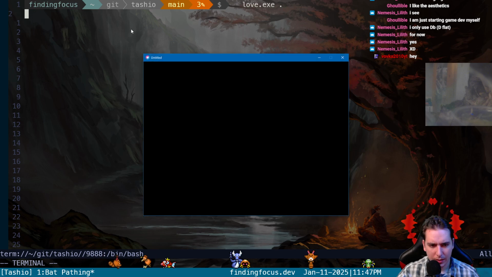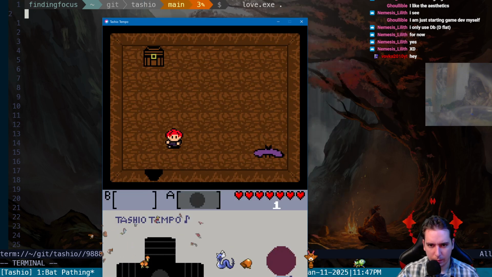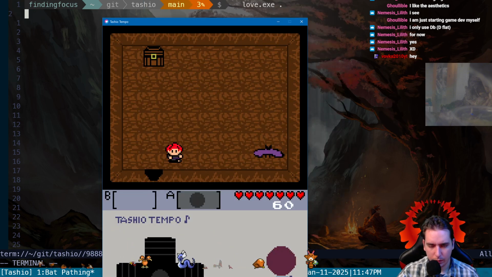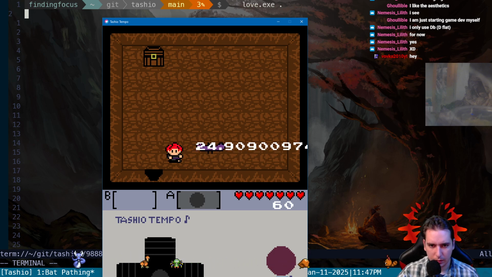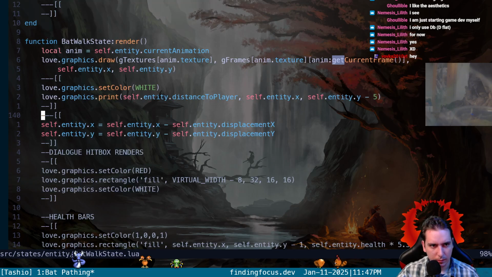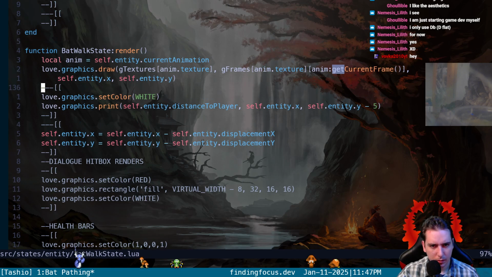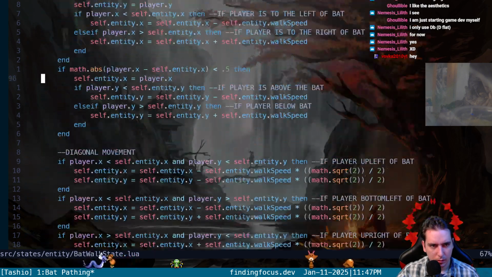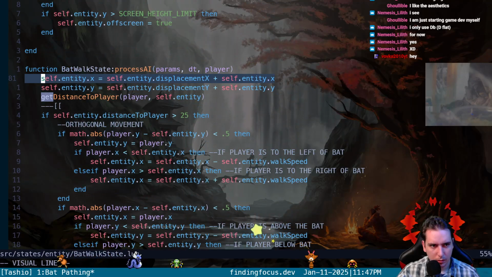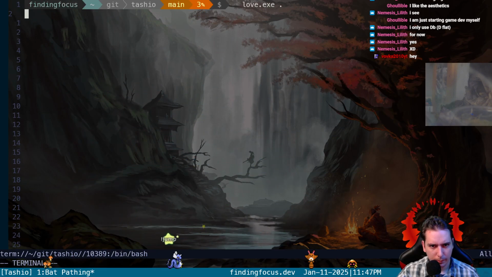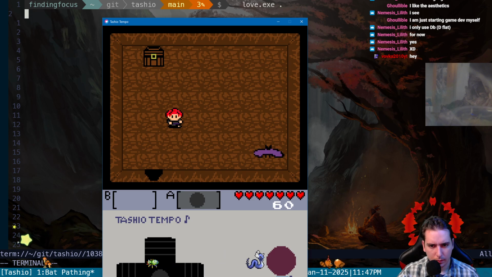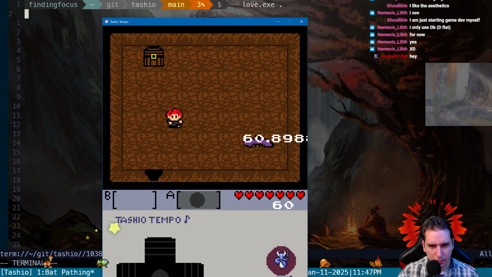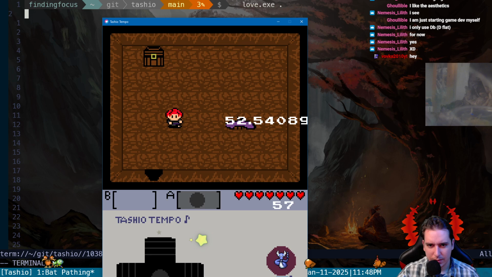So why did we not wiggle left and right? We're not seeing the displace here. Yeah, we're not displacing. I'm not seeing him wiggle.